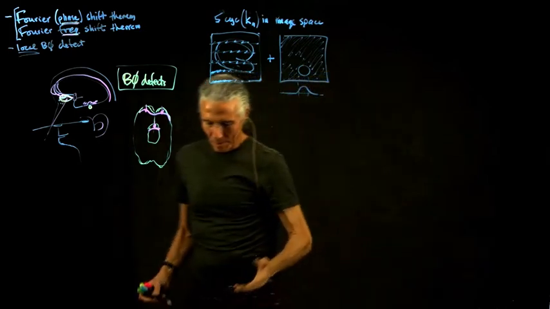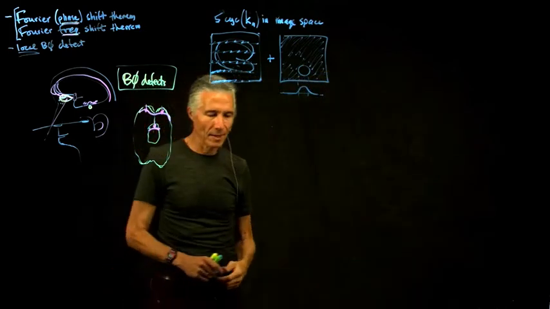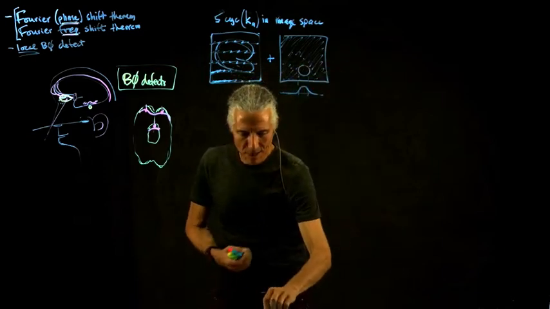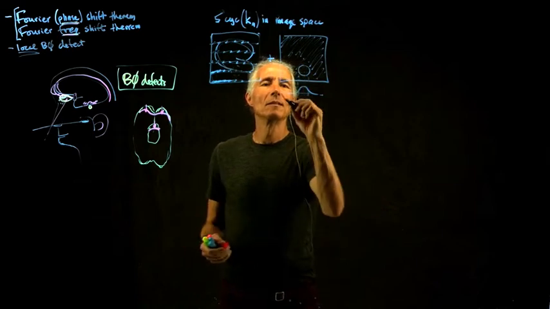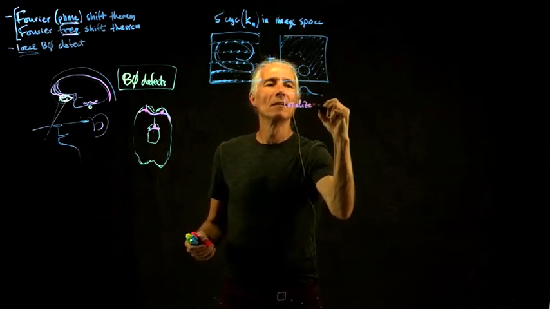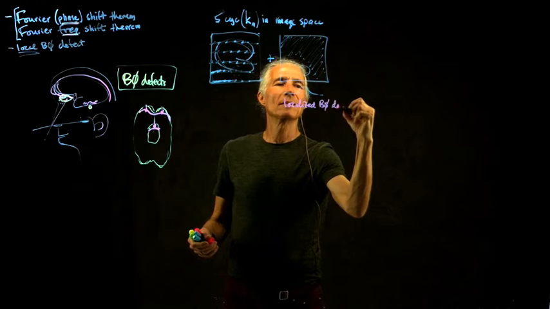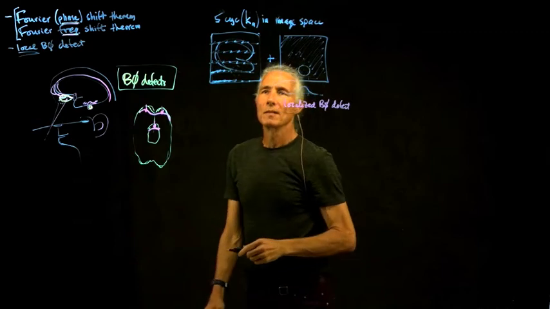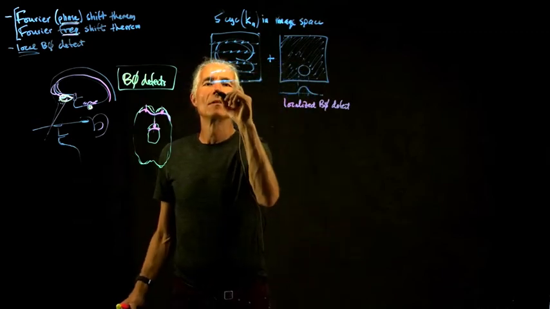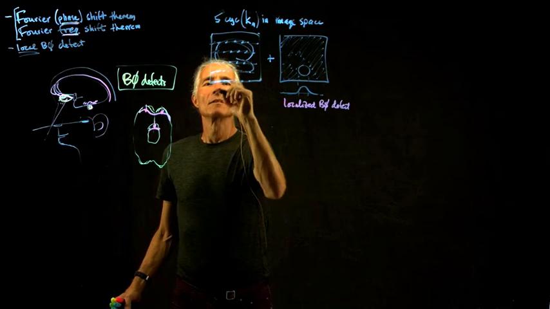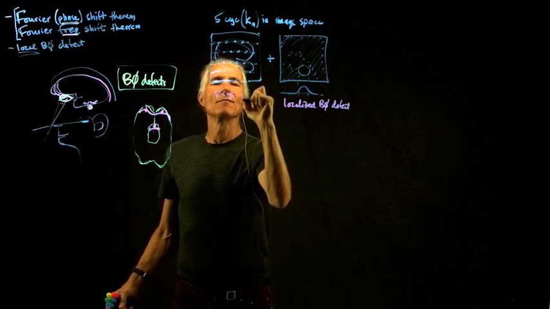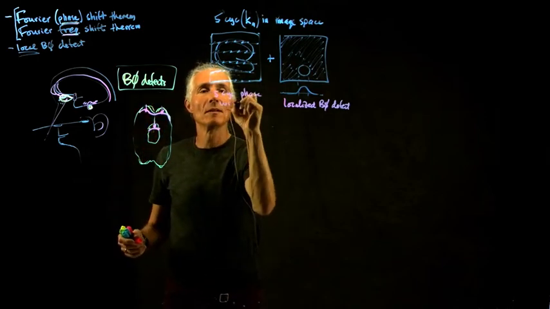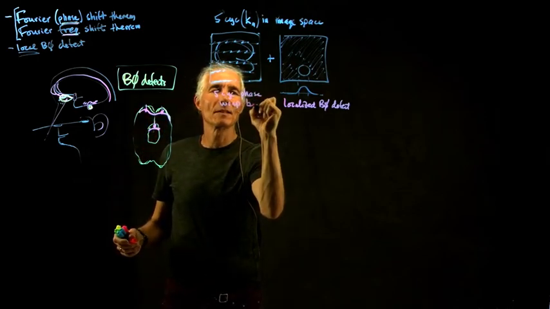Say it's a positive bump. It could be positive or negative, but say it's a positive bump. So this is a localized B0 defect, like you would get from the ear. So this is 5 cycles phase wrap, plus a B0 defect.